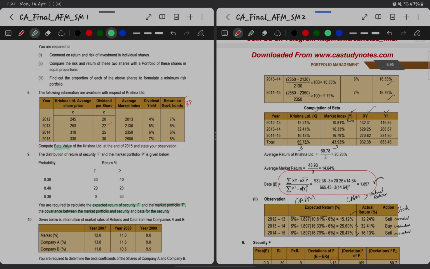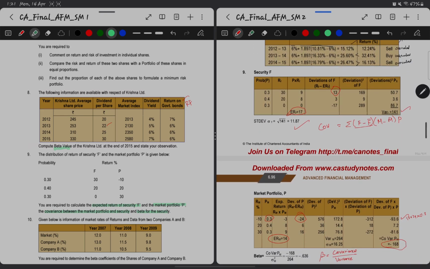So let's say in the previous question, Krishna Limited and market index, the equal weightage will be 0.33, 0.33 and 0.33. That will be the probabilities. So equal weights will be given to every security, so the simple regression formula will work.